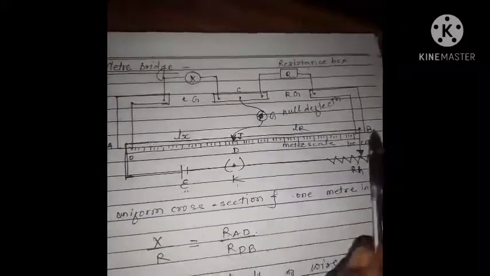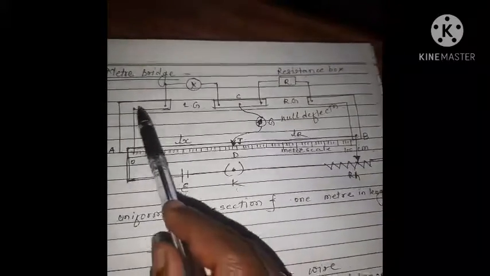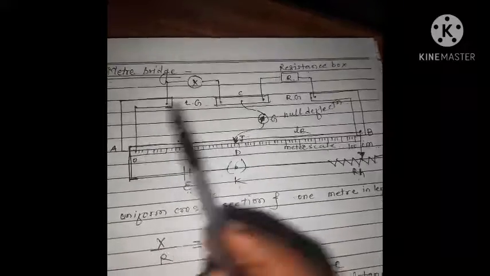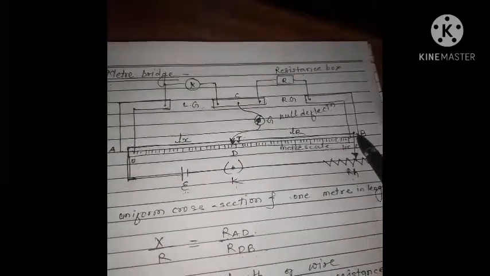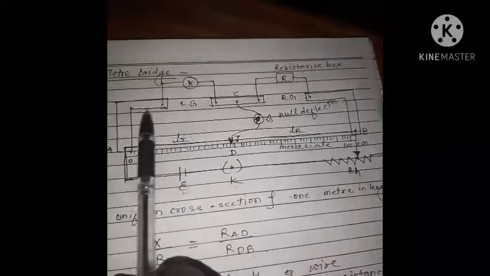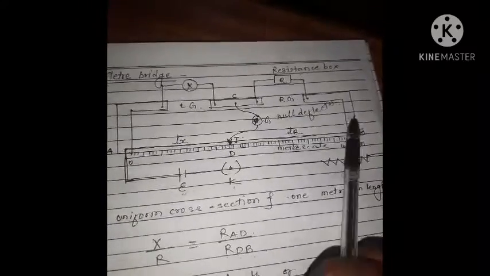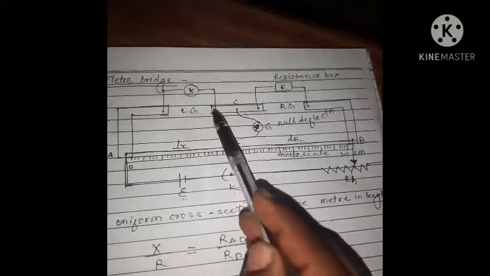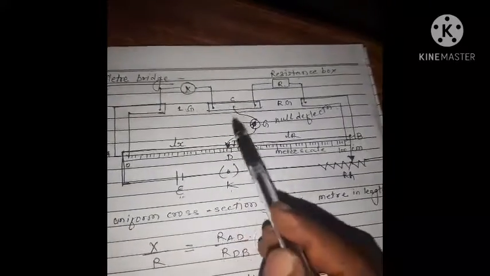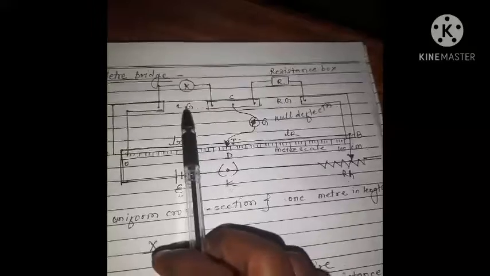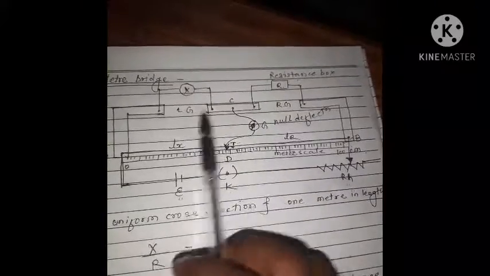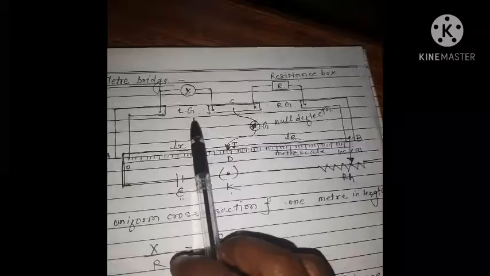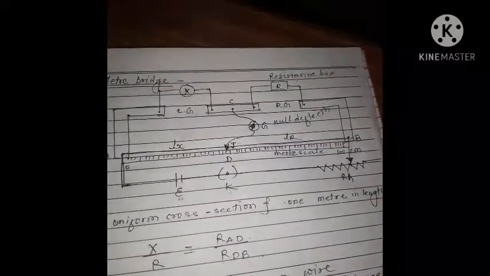These 2 points are on 2 metallic L-shaped strips. These 2 strips are separated by a third metallic strip. So, there are 2 gaps created in the meter bridge.